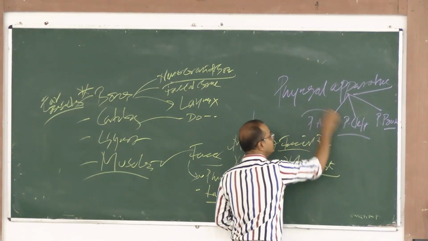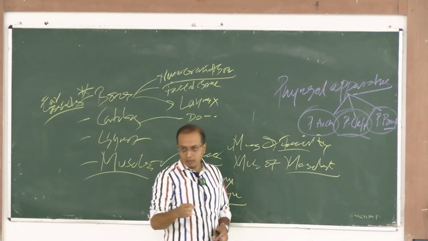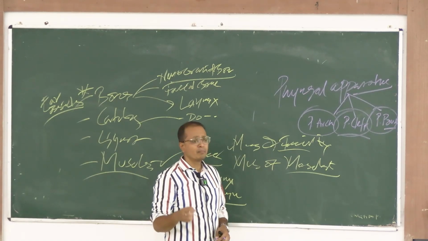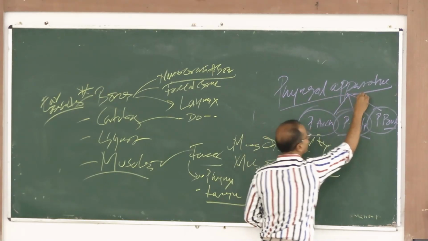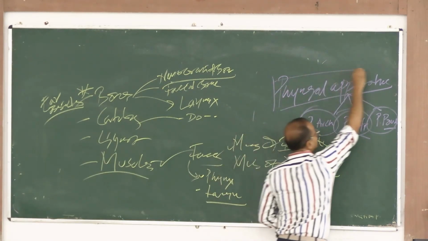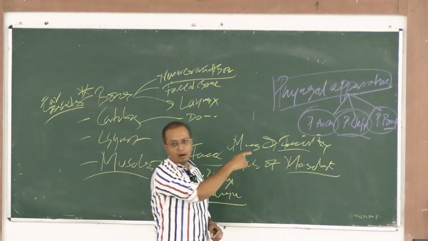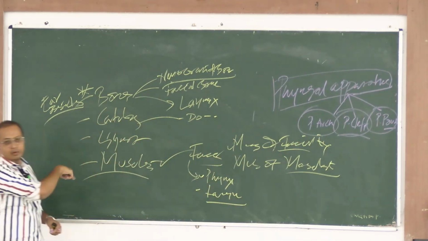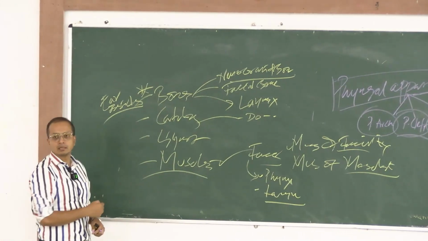These are the three important developmental contributors which together make the whole pharyngeal apparatus, and each of these, arch, pouch, cleft, contributes to whatever we have listed: muscles, ligaments, tendons, bones, cartilage, etc.